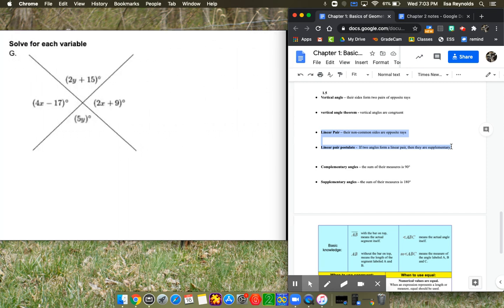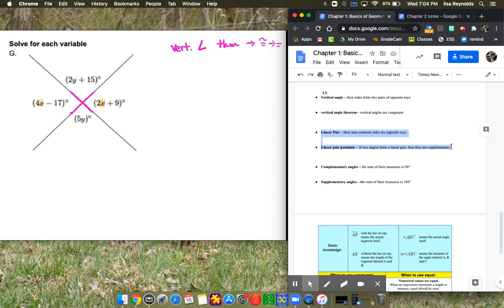We actually did a problem almost exactly like this in chapter 1. So this is just a matter of using our vertical angles and/or linear pair postulate. When I look at this diagram, my x value is for a set of angles that are forming a set of opposite rays. So I can use the vertical angles theorem. This means that they're going to be congruent, and congruent means they're going to be equal to each other.